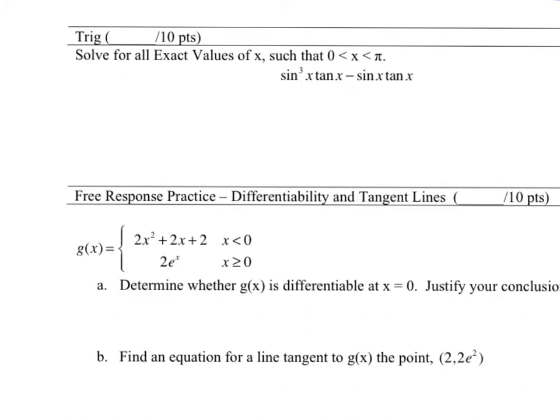And here it looks like I forgot an equals 0, which will make this into an actual problem that you can do. What we might want to do is look for things that we can factor out. It looks like in both of these I have a sine and a tangent. So I could write this as sine x, tan x, and first one I'd have sine squared x, and then I'd have a minus 1.